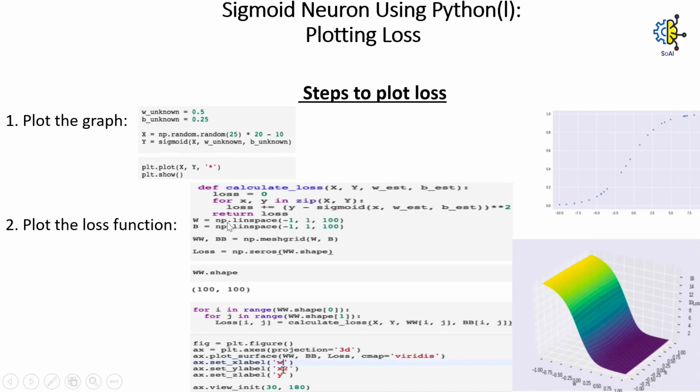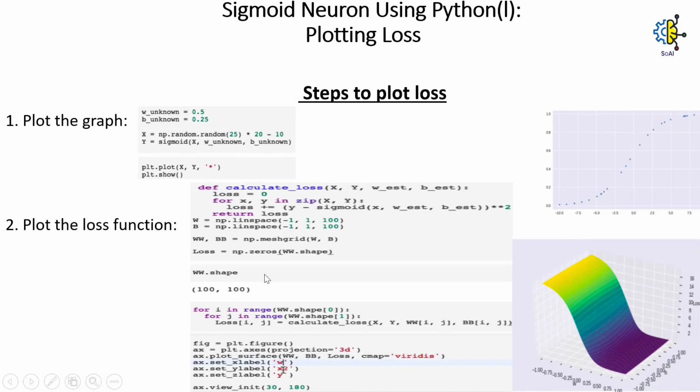And here w is equal to np.linspace minus 1, 1, 100. b is equal to np.linspace function with minus 1, 1, 100, and ww, bb is equal to np.meshgrid w, b, and loss is equal to np.zeros ww.shape.